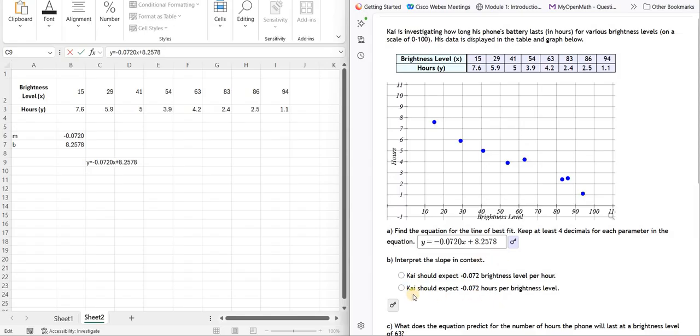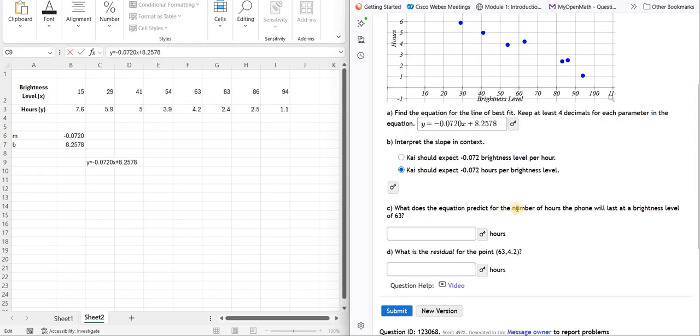In other words, Kai should expect negative 0.072 hours per brightness level, because 1 unit of x should affect the y. That is how we interpret the slope. So the second answer should be the one.